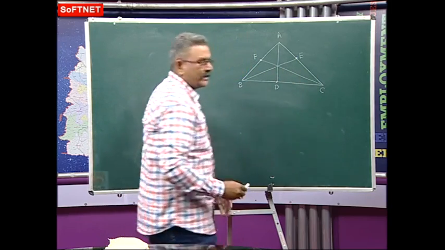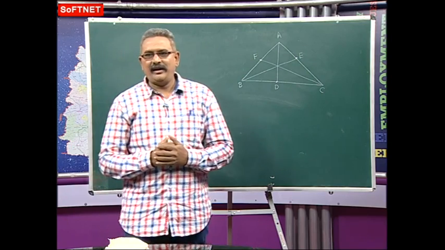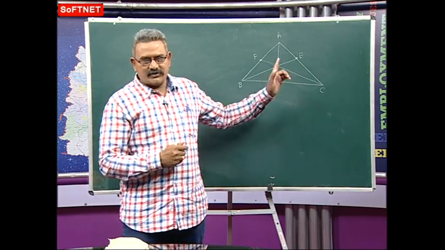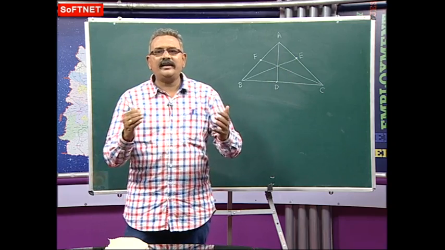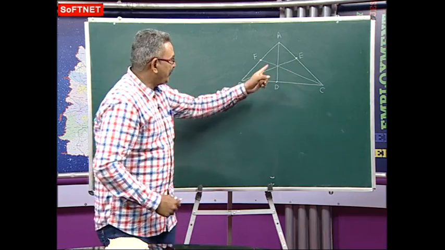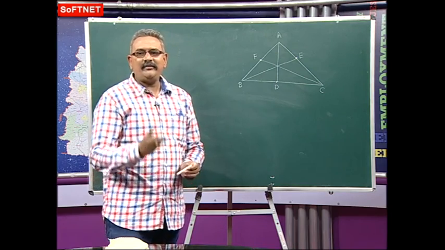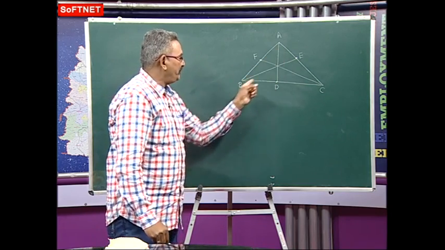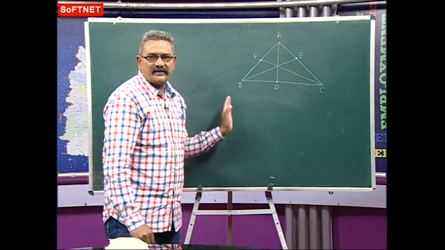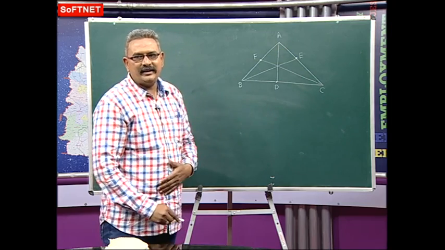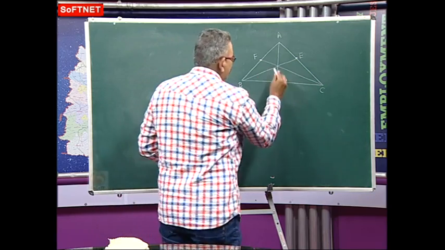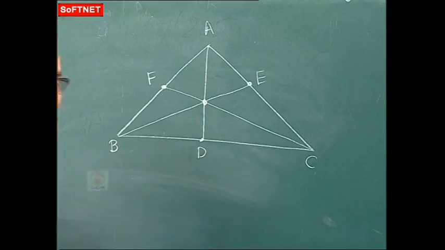Now let us have one question. How many medians can be drawn for the triangle ABC or for any triangle? It's clear that 3 medians can be drawn. One is AD, BE, CF, which refers to triangle ABC. If you observe, these 3 medians meet at one point.